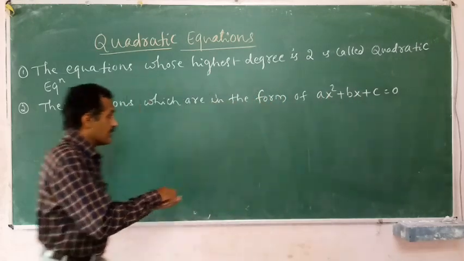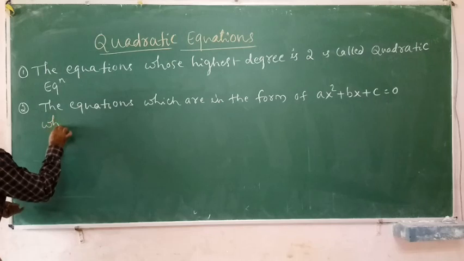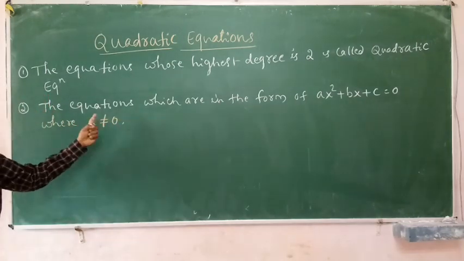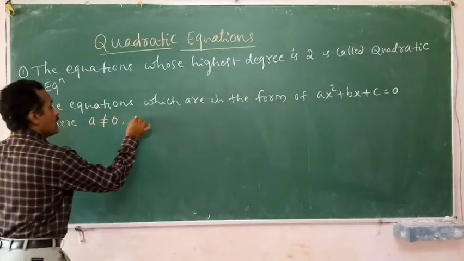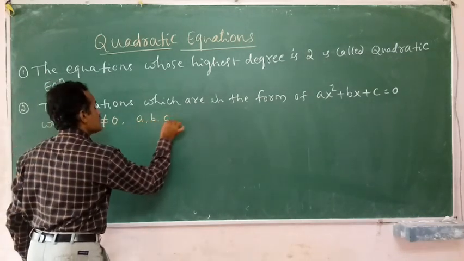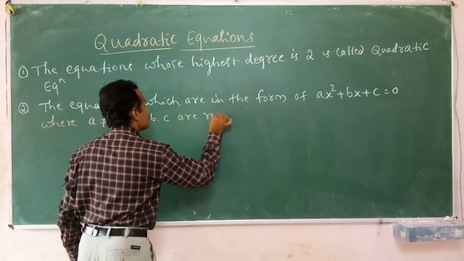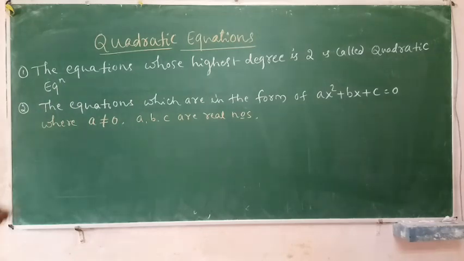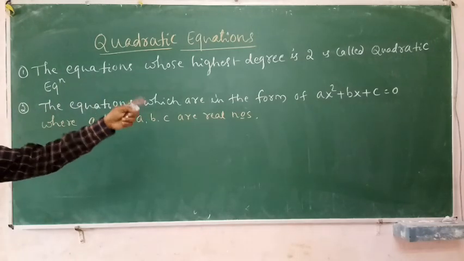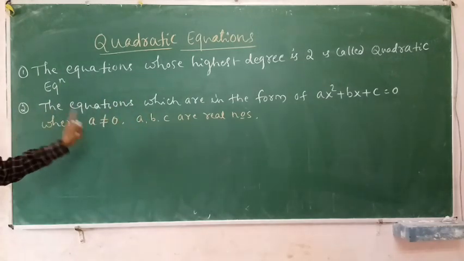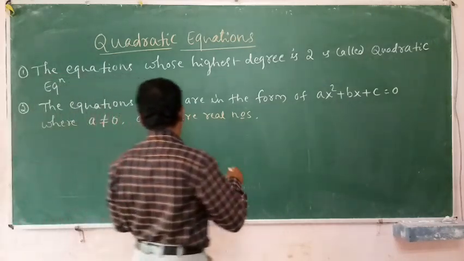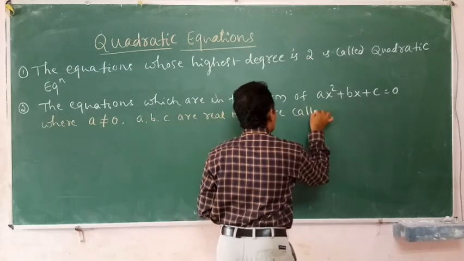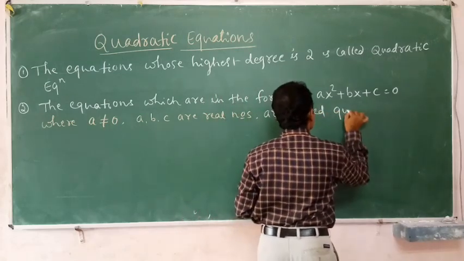But there are some conditions where a is not equal to 0. The first condition, a should not be equal to 0, and a, b, c are real numbers. Okay, the equations which are in the form of ax square plus bx plus c, where a is not equal to 0 and a, b, c are real numbers, are called quadratic equations.